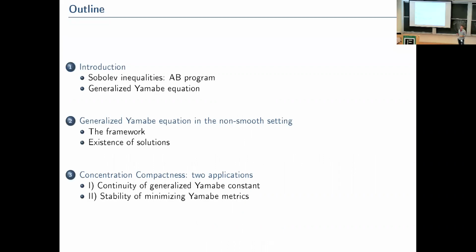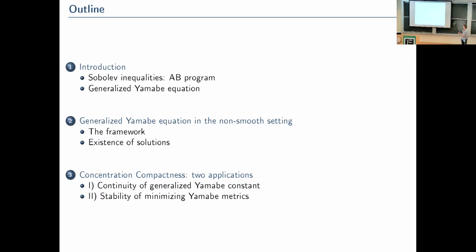So today's outline: I will start with some background on Sobolev inequalities in the Riemannian setting, and speak about this generalized Yamabe equation. Then I will move to the non-smooth setting, to try to get some techniques for an existence theory of these PDEs, starting from the notion of the smooth setting and then going through the Sobolev inequalities and then proposing an existence theory.